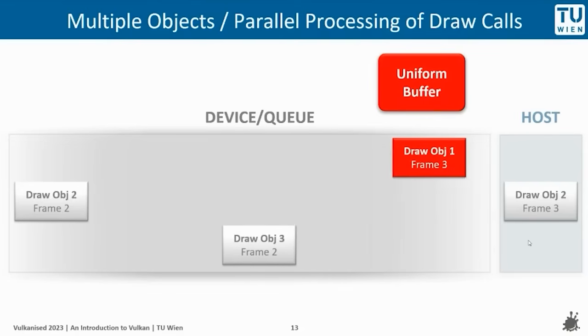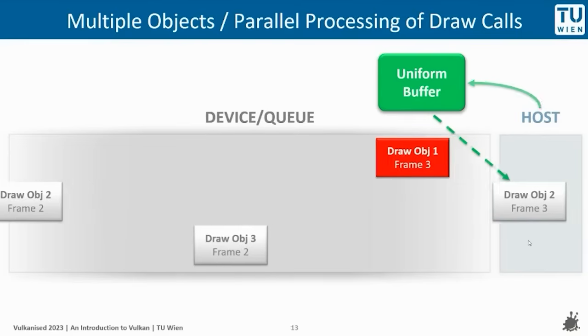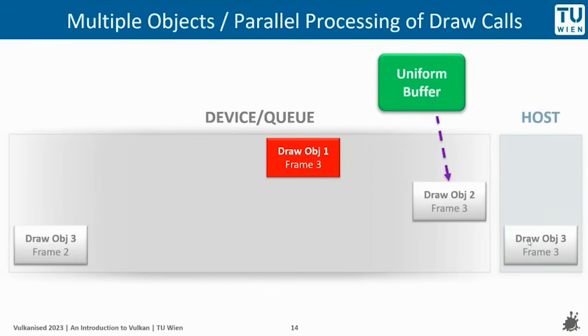And then, let's say our host is fast, we submit the draw call for object 2. But object 2 is a green object, so we write the green data into our uniform buffer, which is the correct data for object 2. But let's see what happens now as we submit the draw call for object 2 to the queue.